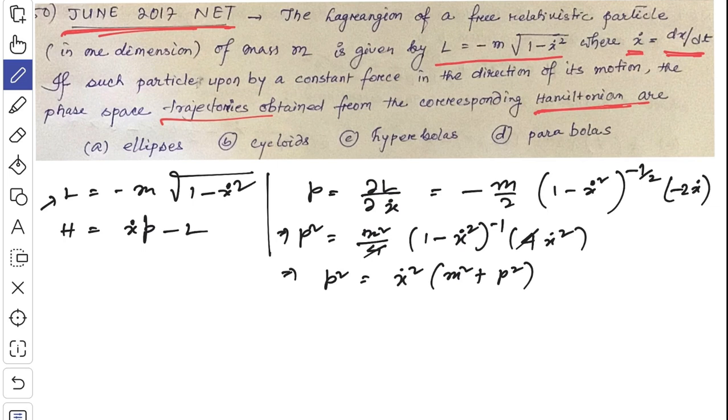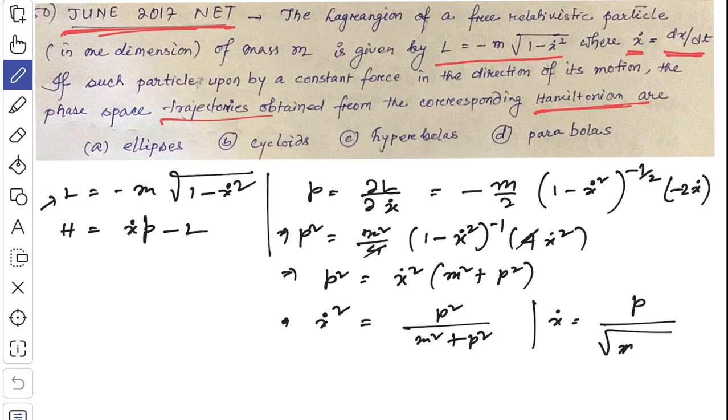I have not shown all the simplification steps here. So then x dot square will be p square by (m square plus p square), and hence x dot will be p divided by root over m square plus p square. You will get this. So let us use these values here in this Hamiltonian. Then what you will get?